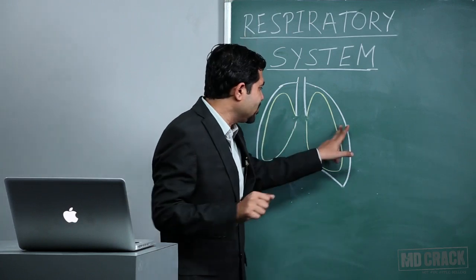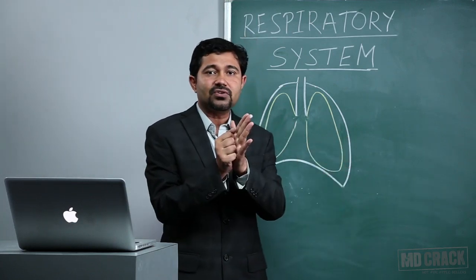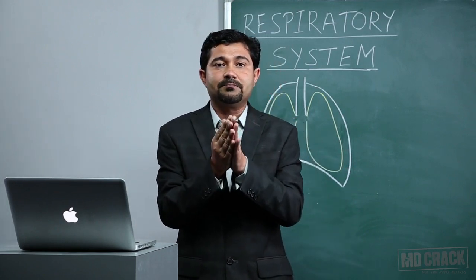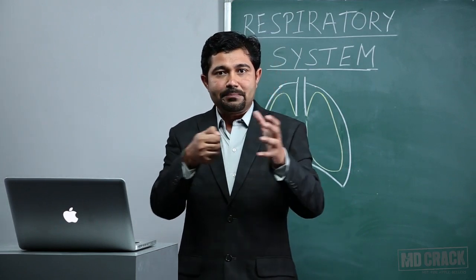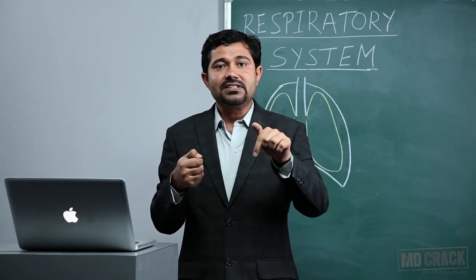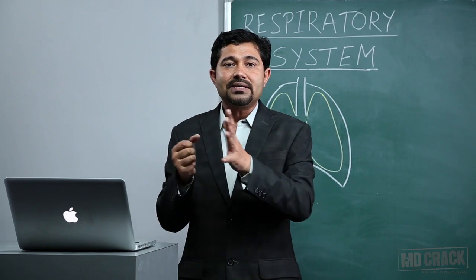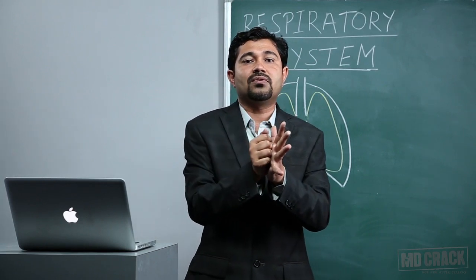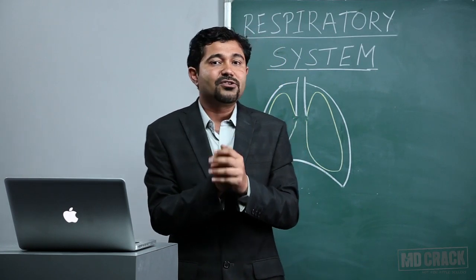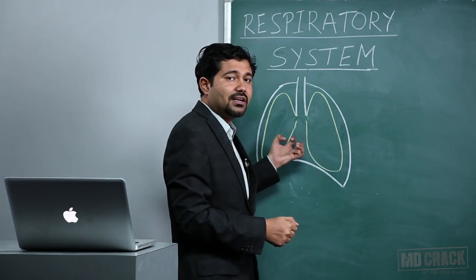This negative pressure is very, very important to keep the visceral pleura and the parietal pleura glued to each other. And if you try to separate them, what will happen? The negativity will increase in the pleural cavity and it will try to resist the collapse of the lung. My words: it will prevent the collapse of the lungs.